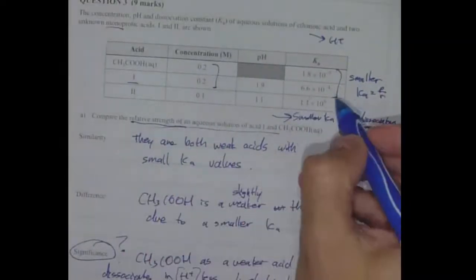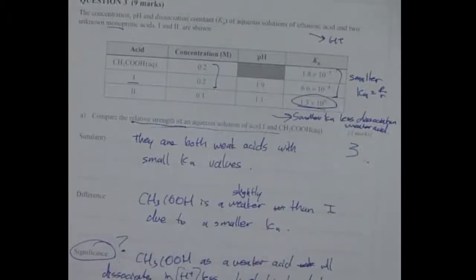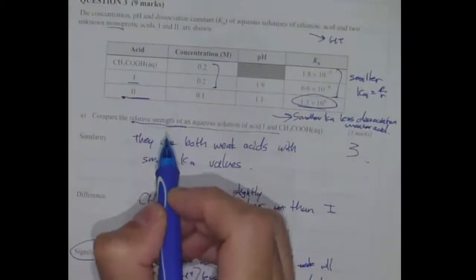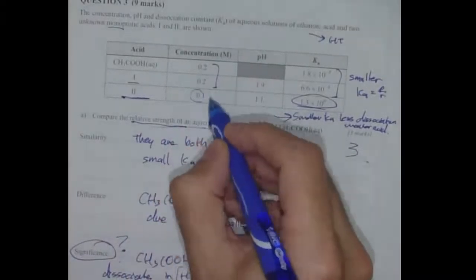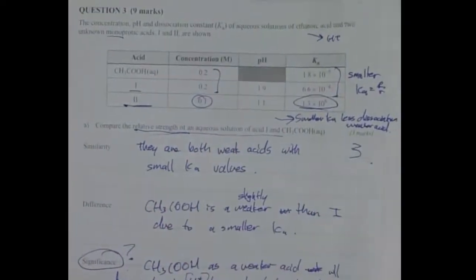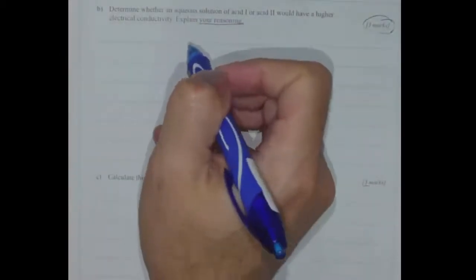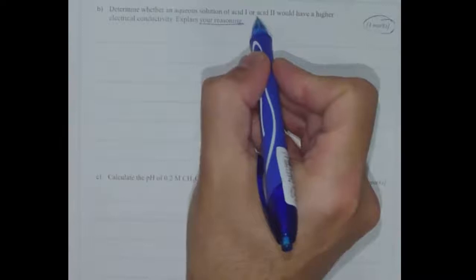6 things. Determine whether an aqueous solution of 1 or 2 would have a higher electrical conductivity. That's a really high pH. That's a strong acid. It's less concentrated too. So I need to keep that in view. I might do the reasoning first, and then tell you it's 2.